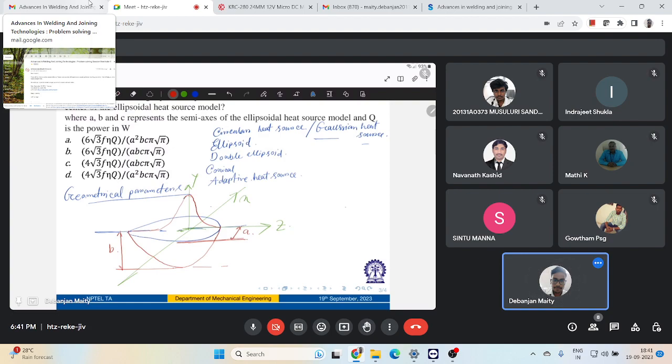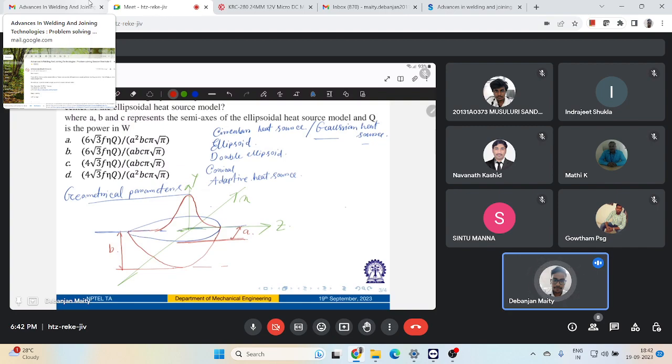So this will basically follow some non-uniform distribution at the front end and the rear end. If you're thinking of melting or depositing a melt over a surface, at the front end the heat flux will follow some distribution which is different from its rear end, right?